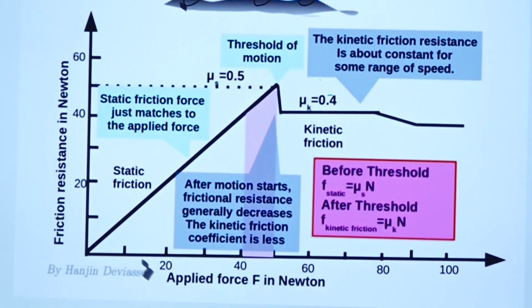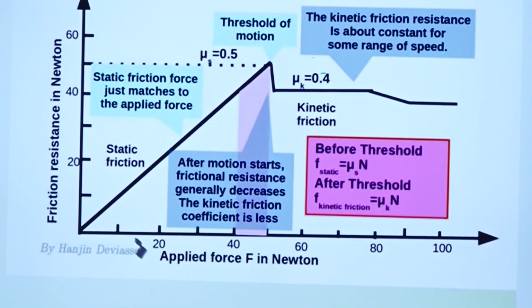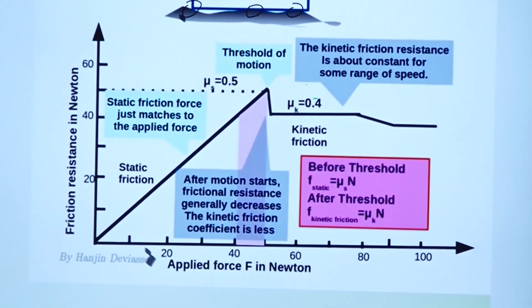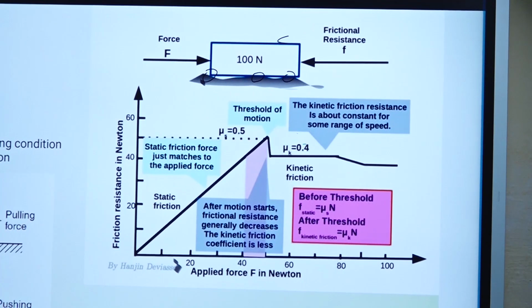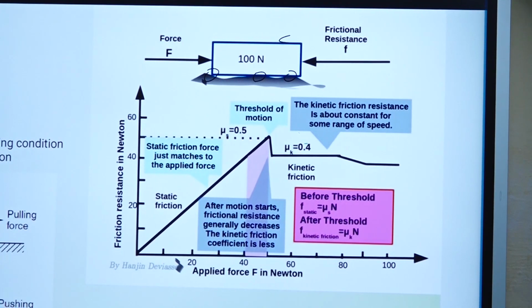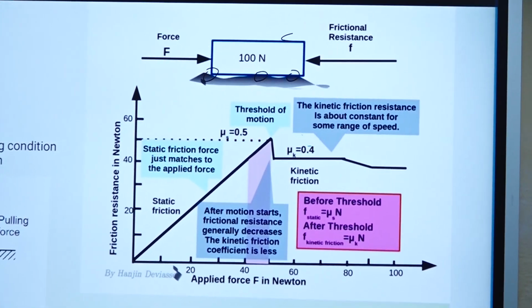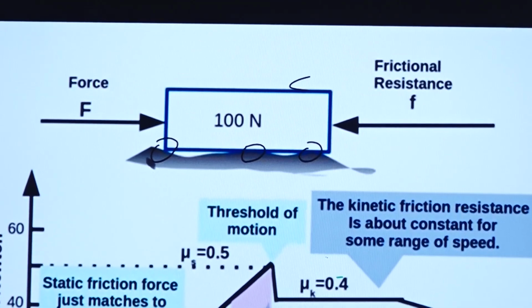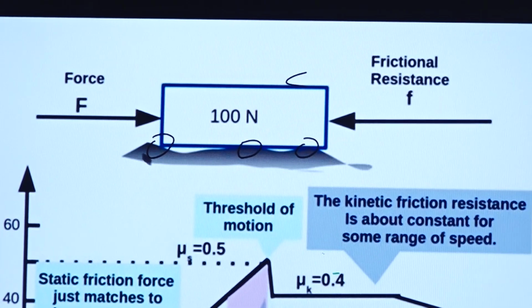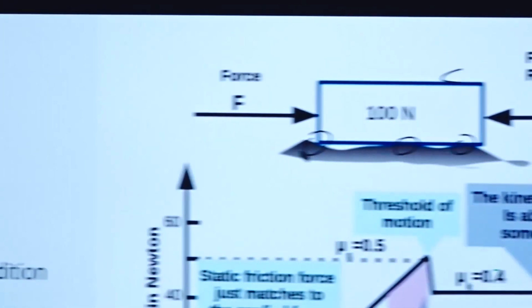It will always try to oppose the movement of the block. If some block is moving, suppose this pen, the friction force between my pen and my palm always tries to oppose this movement, right? In that way you can understand.